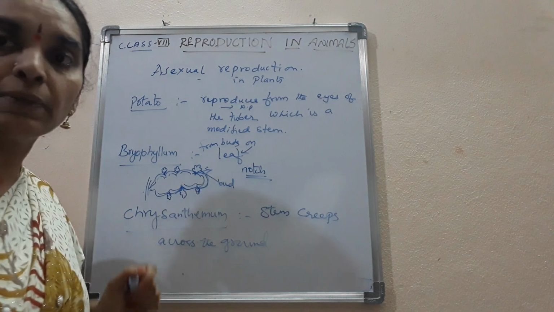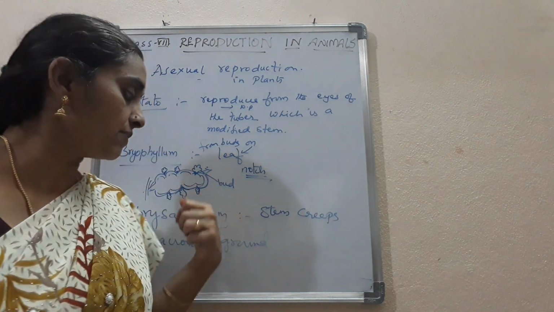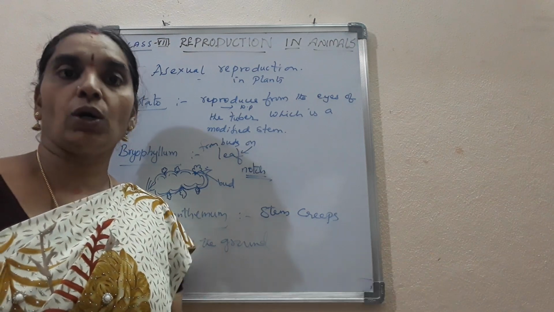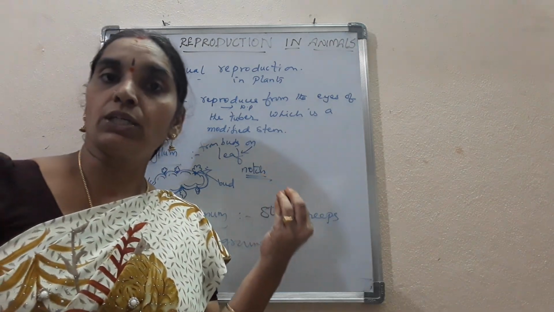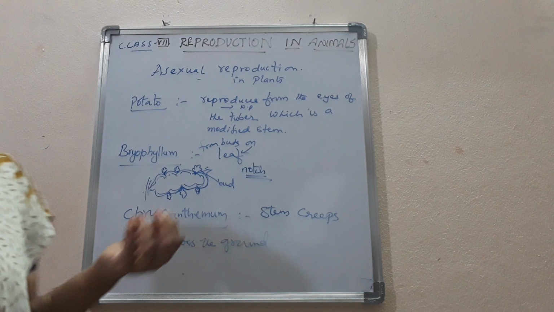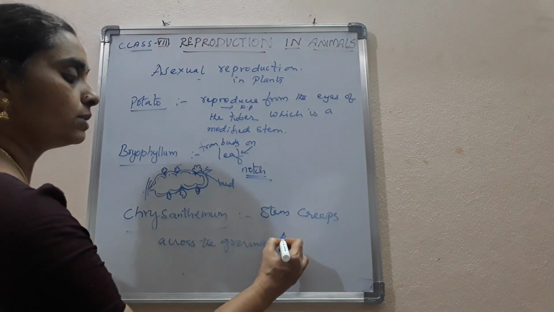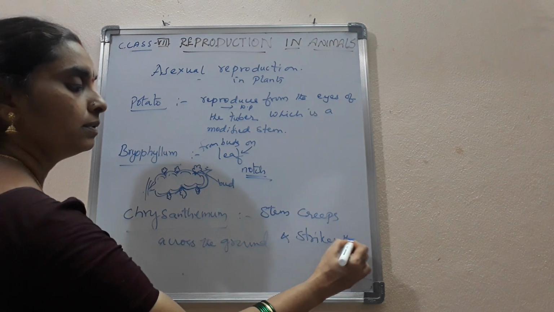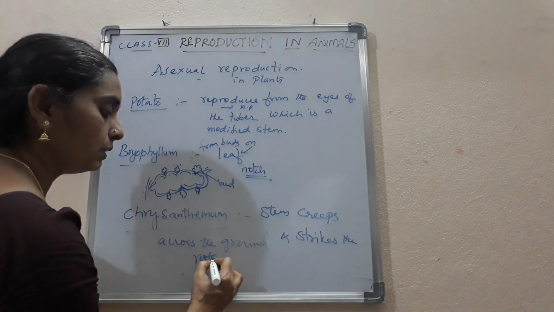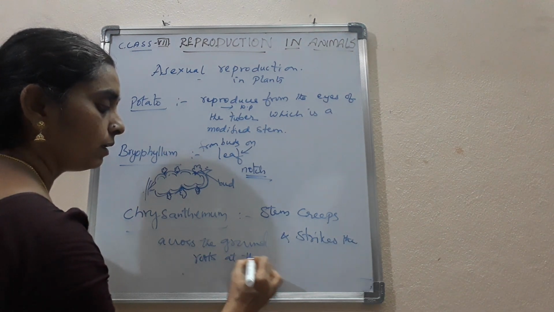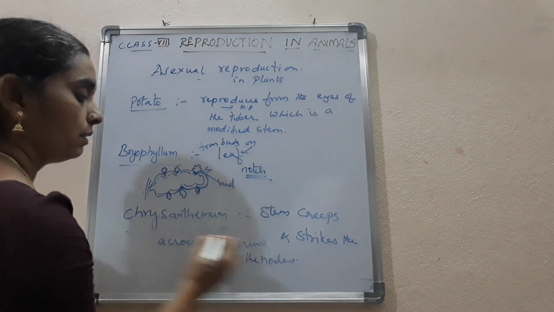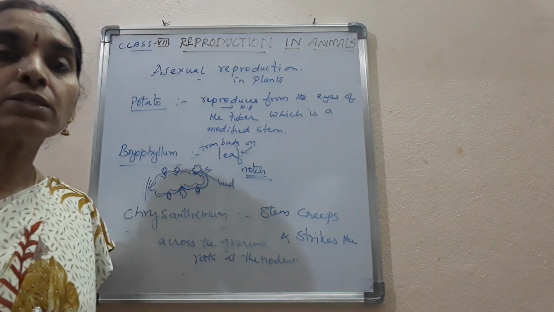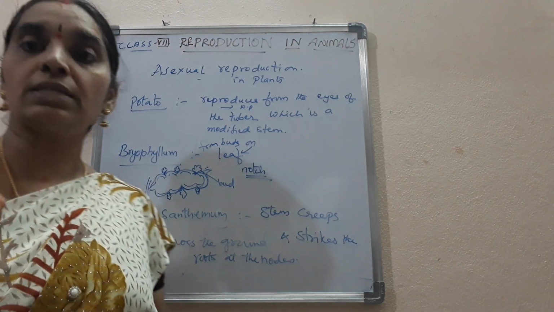If you might have seen, the stem creeps under the soil and strikes roots at its nodes. Okay, so this is the chrysanthemum. How does it reproduce? So now we'll see about the different animals.